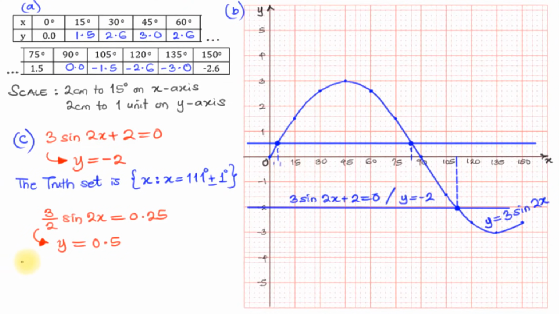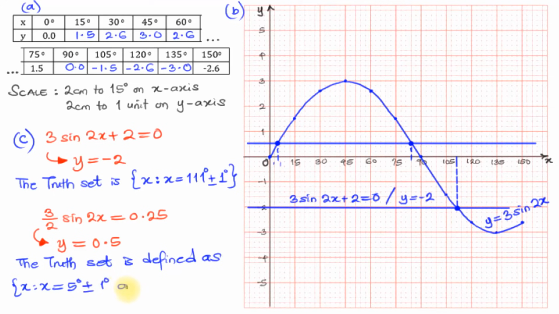So the true set for this second case is defined as 2 cases here. In the first case, x, in which x is equal to 5 degrees plus or minus 1 degree, or x, in which x is equal to, what's the other solution?